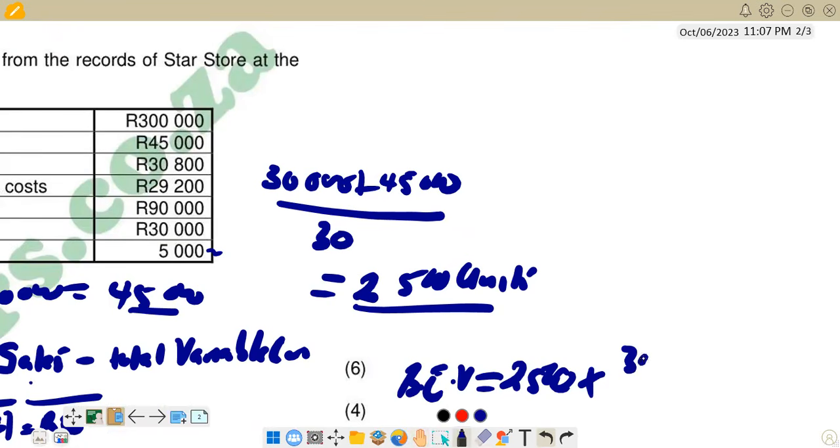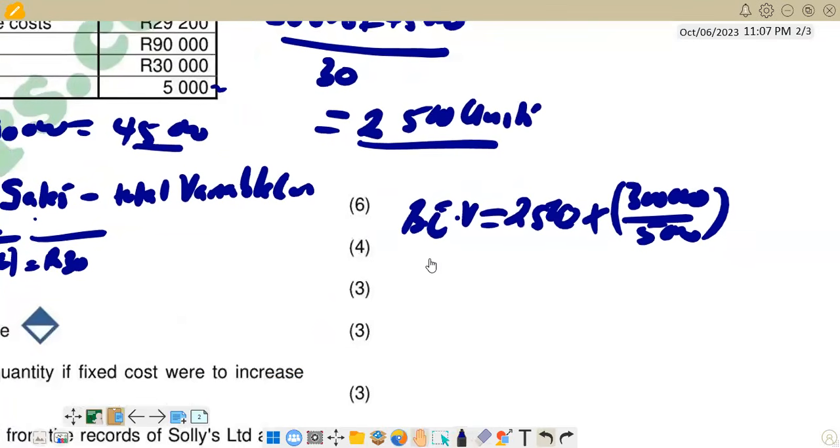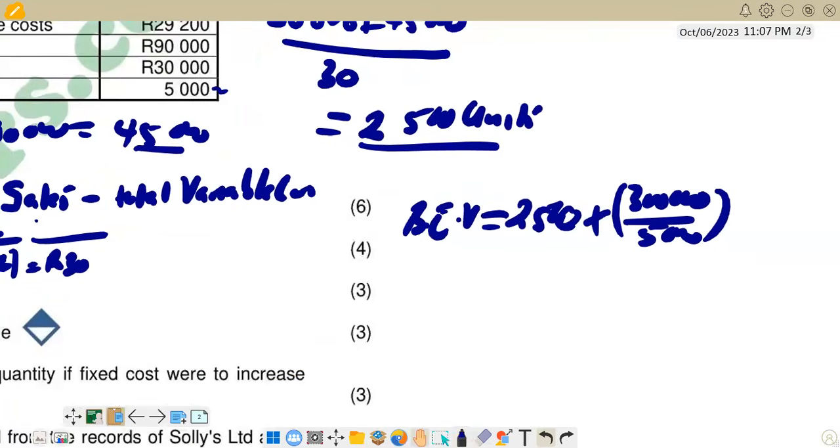So the selling price per unit is 300,000 divided by 5,000. If you say 300,000 divided by 5,000, you are supposed to get 60 there.